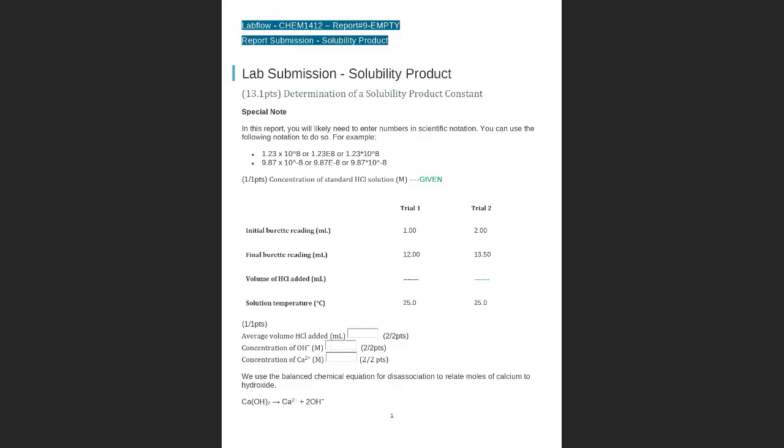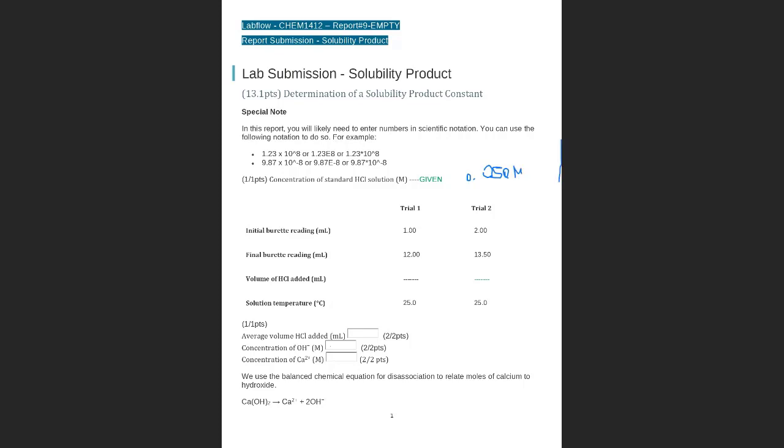So they will give you the concentration of the acid, and I believe that is the same for everybody, but it doesn't matter. I think mine was 0.05 molar, but everybody can have a different one.